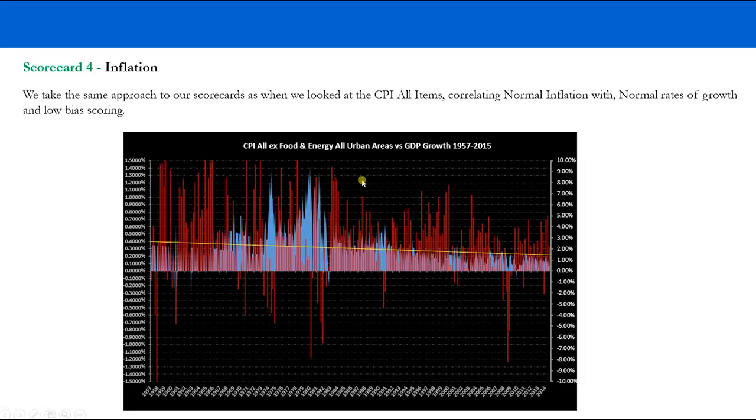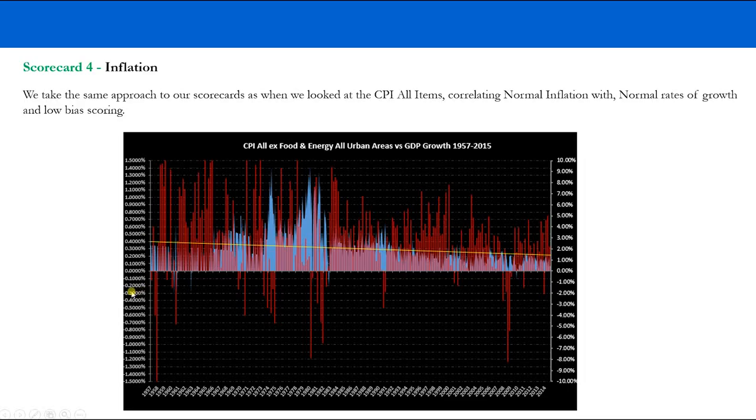And on extreme situations, we have in the red real GDP growth. In extreme situations, we have high levels of CPI ex food and energy, around the 1% mark, which is equating to 6.5% real GDP growth. And in the negative extremes, the negative extremes are actually tighter and there's much less of them.